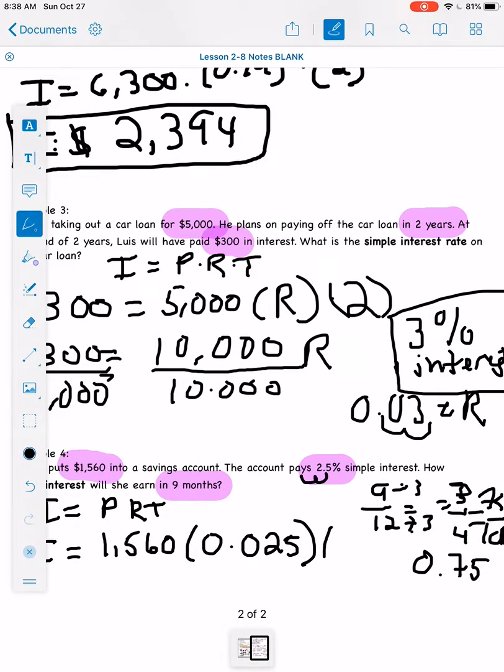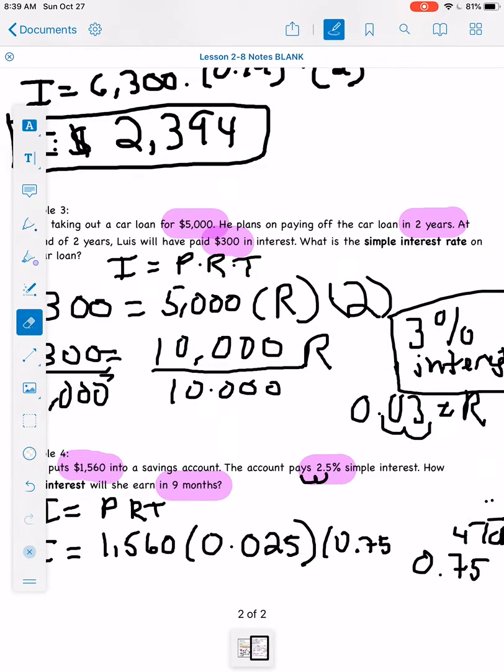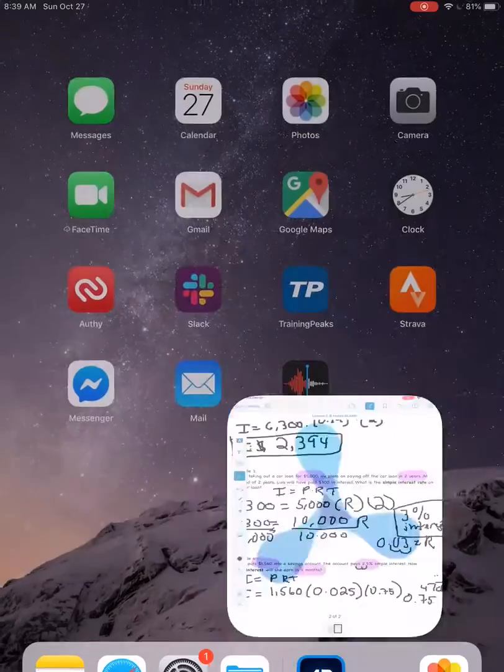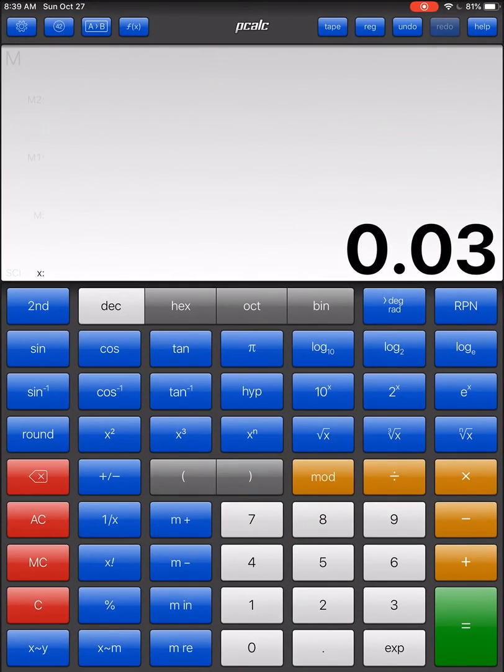So I can add this to my calculation here. Clean that up because that looks a little messy. Okay. And now I can do my calculation. I can take 1,500.